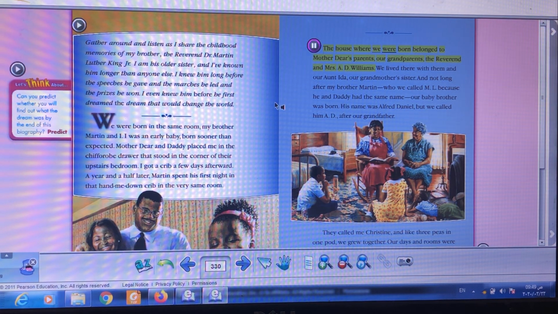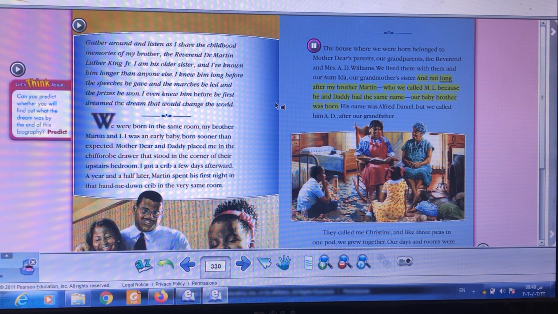The house where we were born belonged to Mother Dear's parents, our grandparents, the Reverend and Mrs. A.D. Williams. We lived there with them and our Aunt Ida, our grandmother's sister.